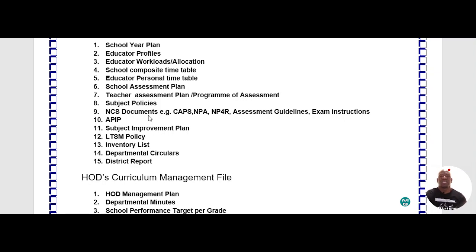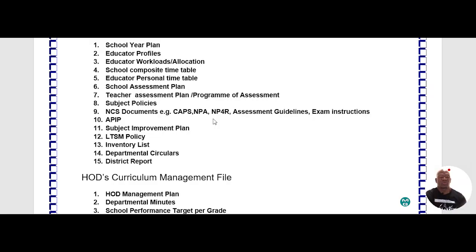Then the next one is the NPA, the National Protocol for Assessment Grade R to 12. It is a very important policy that the head of department should have in his or her file, because it speaks to issues of assessment generally in all the subjects, in terms of filing, in terms of schedules and the other stuff.